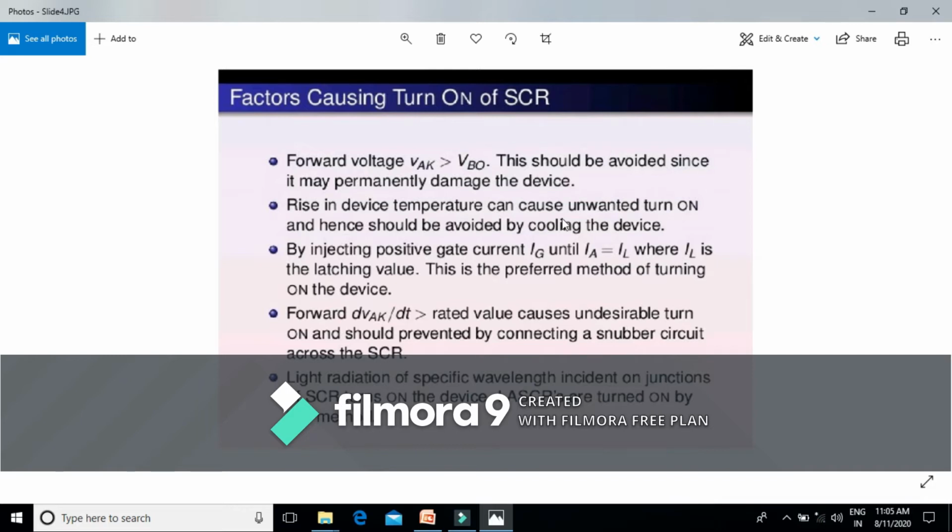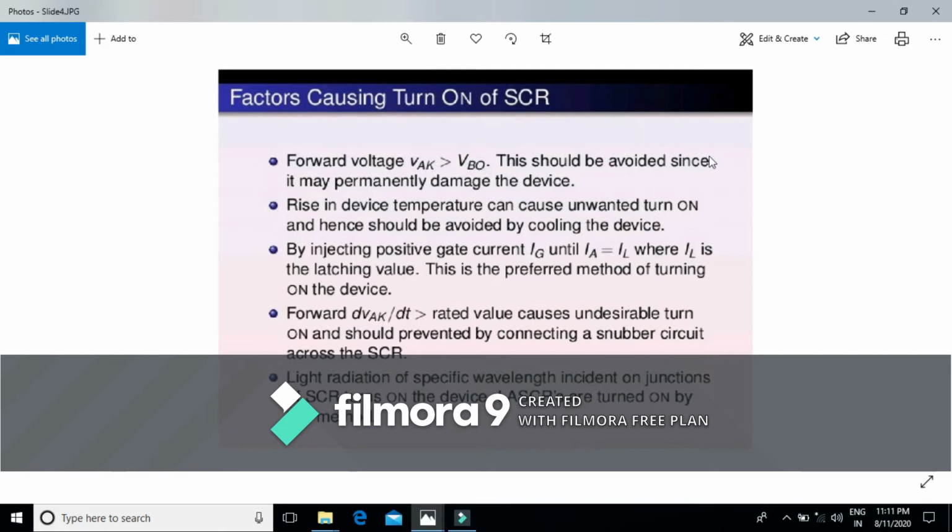Or we can say they behave like a conductor due to the large number of thermally generated carriers. Hence, since it behaves like a conductor, it is turned on. Thus, in this thermal triggering, no gate current is applied. However, this is not an efficient method of triggering, as it increases the junction temperature, which reduces the voltage withstanding capability of the device.